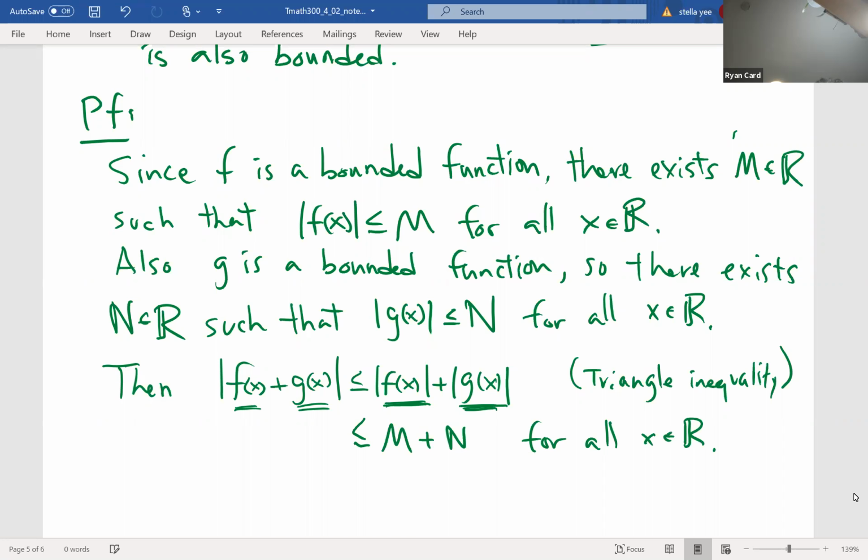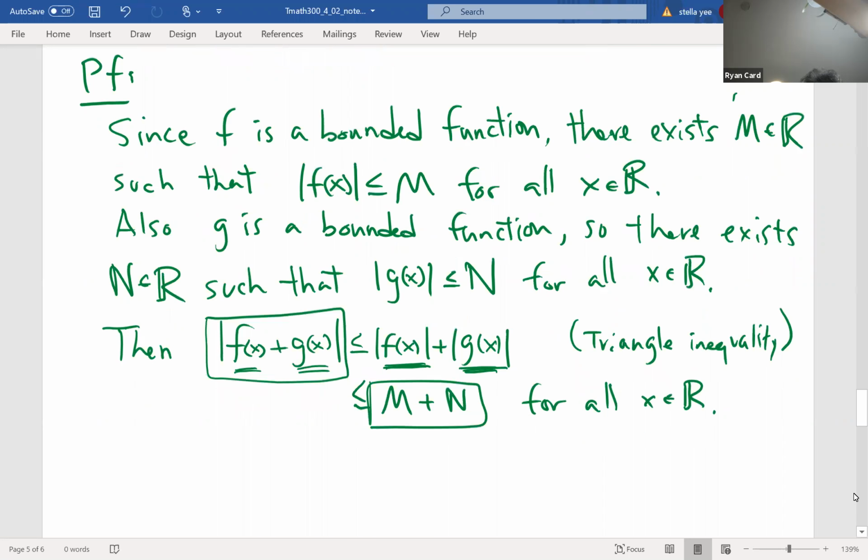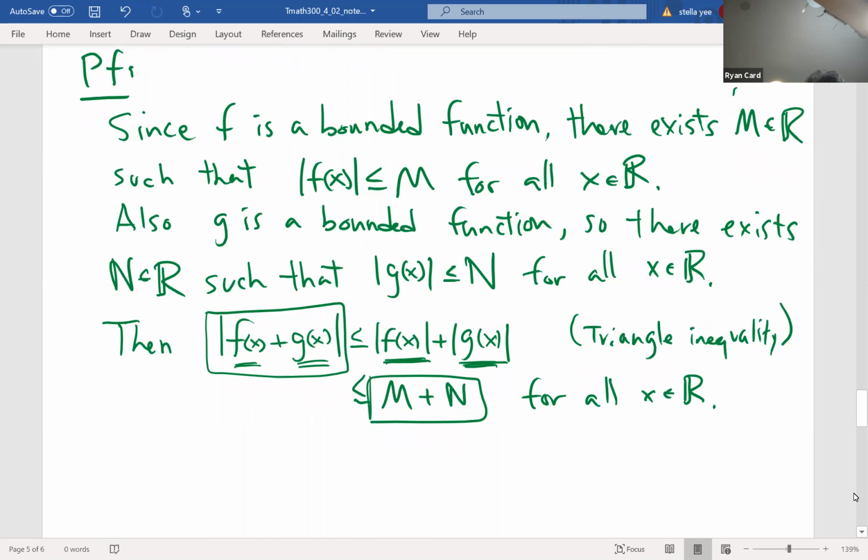So the absolute value of f plus g is bounded by this constant m plus n for every real number x. And that's what it means for the function f plus g to be bounded. So therefore, f plus g is bounded. Okay. I hope that made sense.